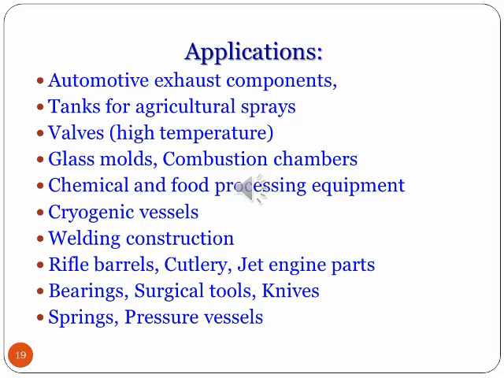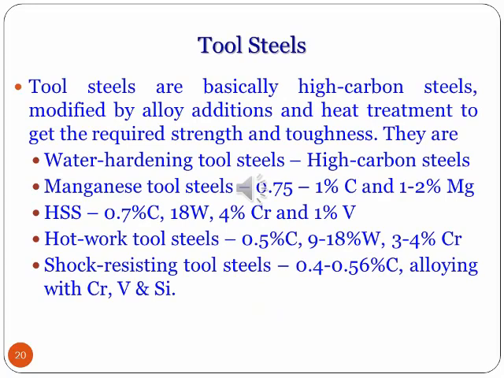Next we shall see a different grade of steel known as tool steel. Tool steels are basically high carbon steels. They are modified by alloy additions and heat treatments to get required strength and toughness. They include water hardening tool steels, high carbon steels, and manganese tool steels. Manganese tool steel has 0.75 to 1% of carbon and 1 to 2% of manganese.